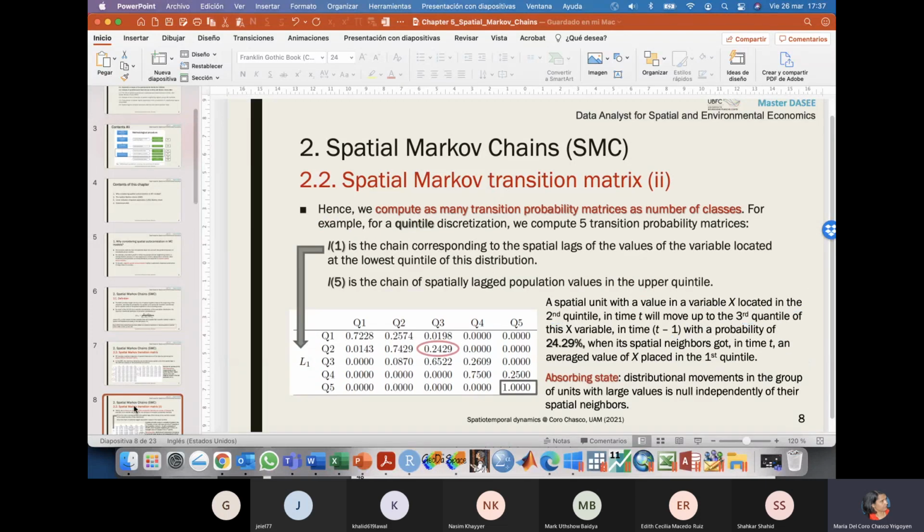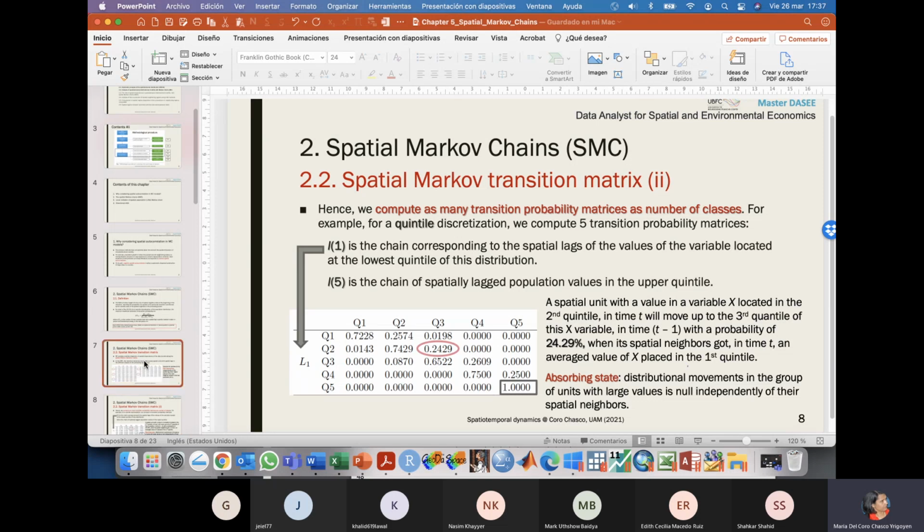You can quantify your outcomes. Okay. So, as I said, you can compute as many transition probability matrices as the number of classes. For instance, if you have prepared the quintile discretization, you must compute 5 transition probability matrices, one for each of these quintiles of your neighbors.